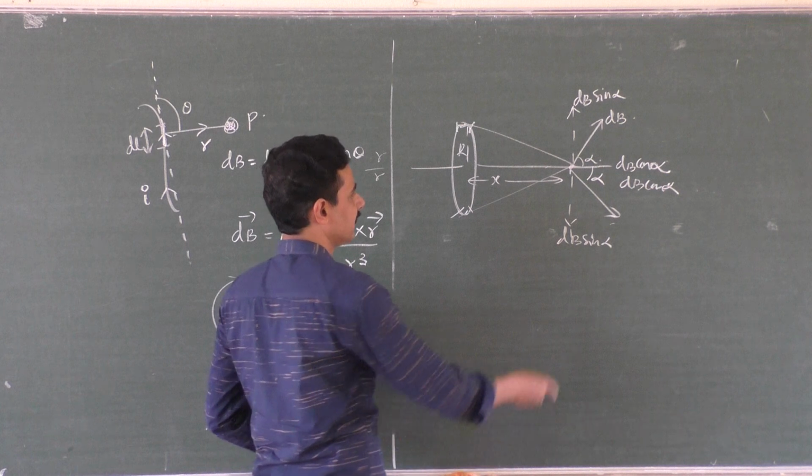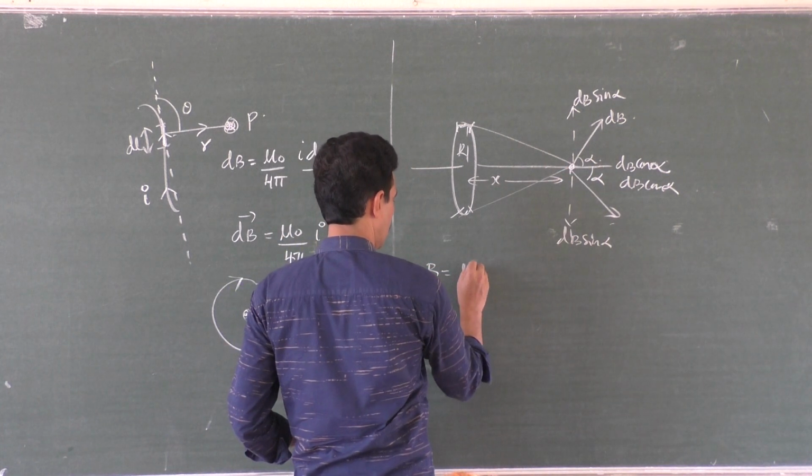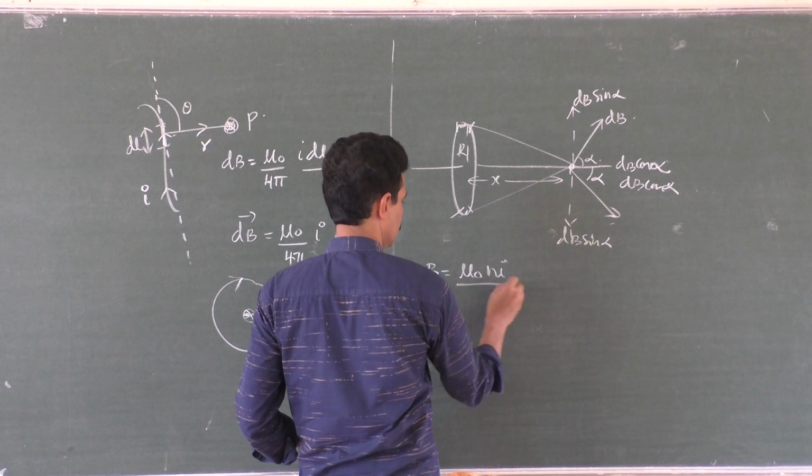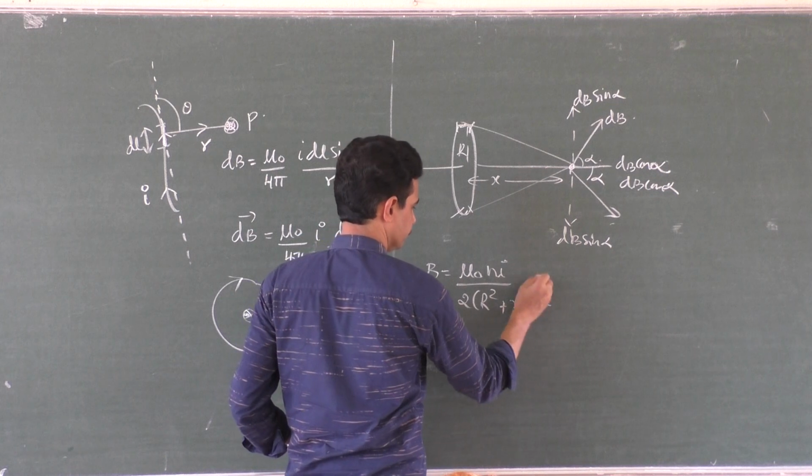Okay, what is the magnetic field at this point now? Magnetic field at that point is mu naught Ni by 2 into r square plus x square to the power 3 by 2.